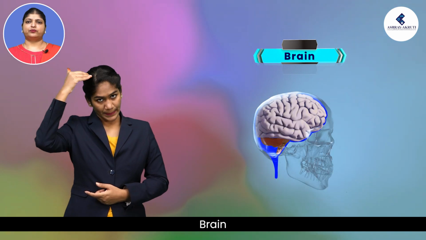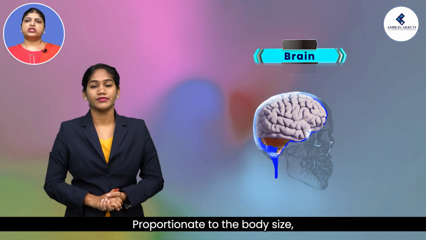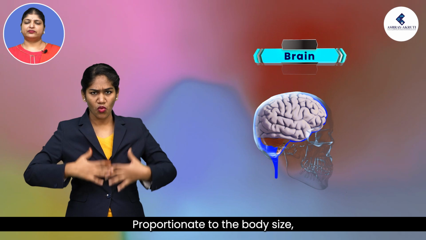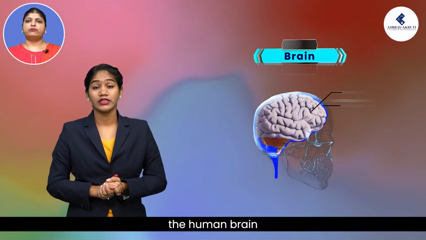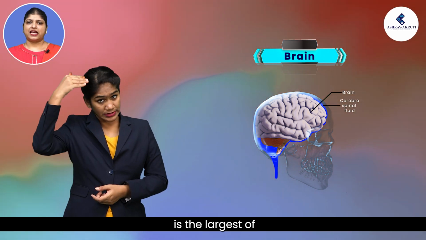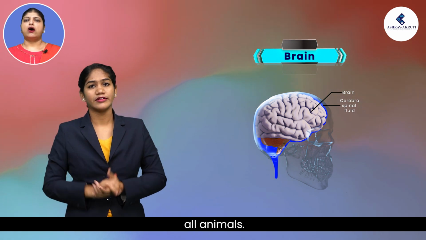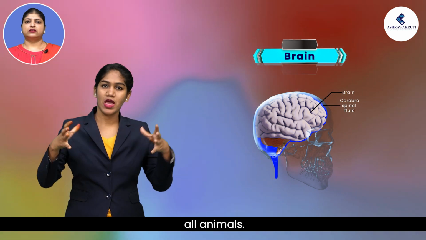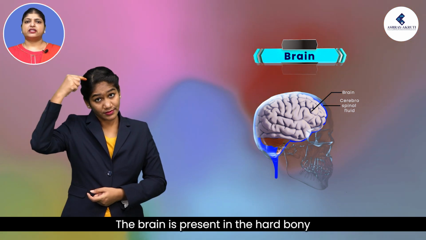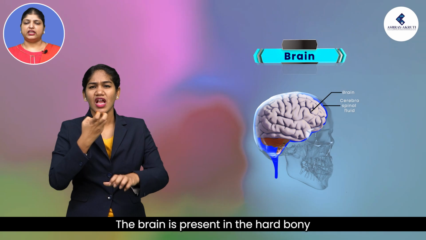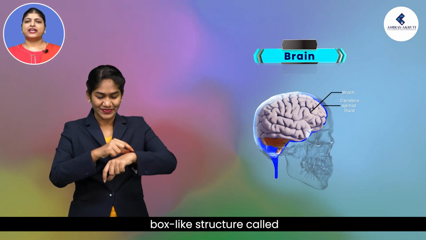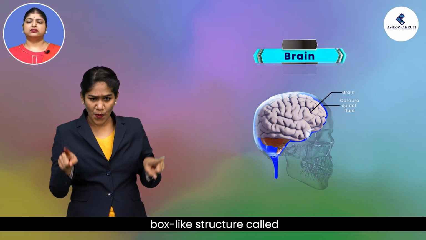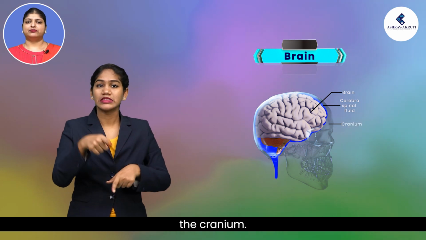Brain. Proportionate to the body size, the human brain is the largest of all animals. The brain is present in the hard, bony, box-like structure called the cranium.